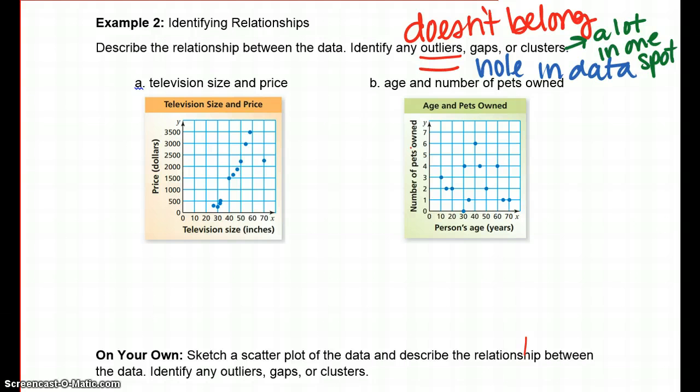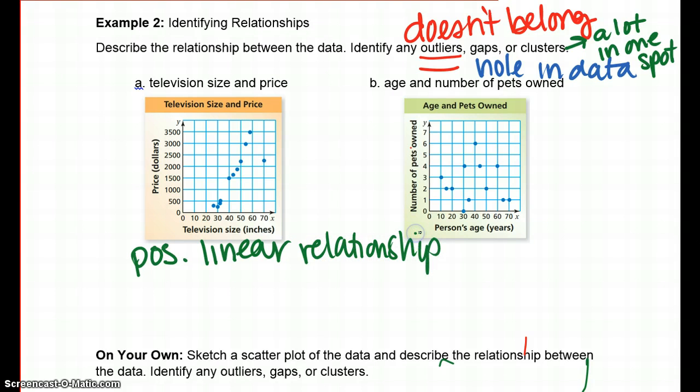So this relationship, as x increases, it appears that y increases as well. So this is a positive linear relationship. I would consider this point right here to be an outlier. Let's call it 2250, that is the outlier.